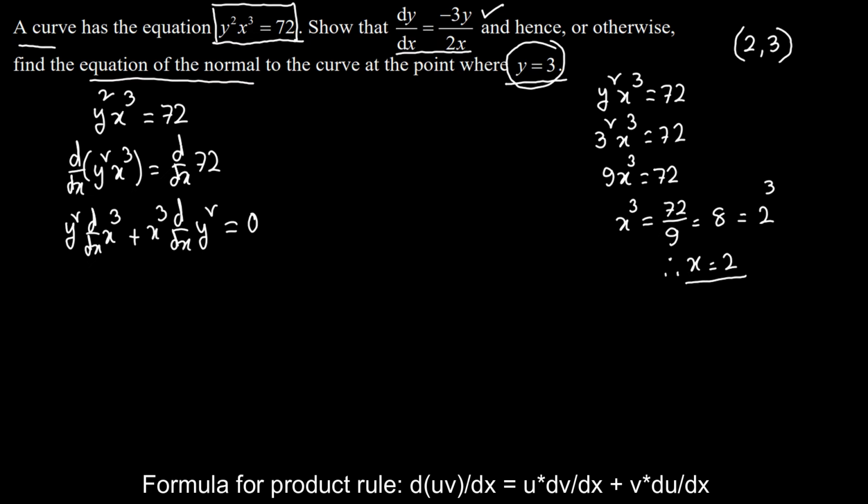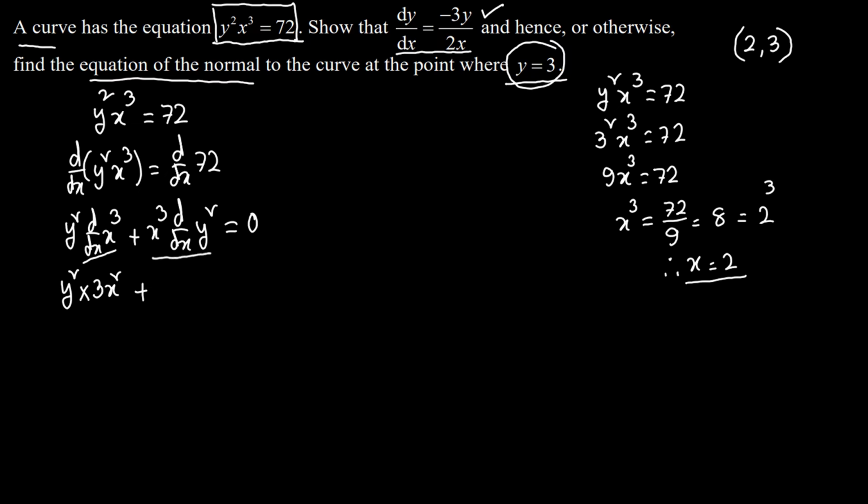On the left side, let us finish our differentiation: y² into 3x², because it is with respect to x. For the second term, x³ first, then if we differentiate y², we get 2y, and then we need to write dy/dx beside it, because we are differentiating with respect to x and y is a function of x.